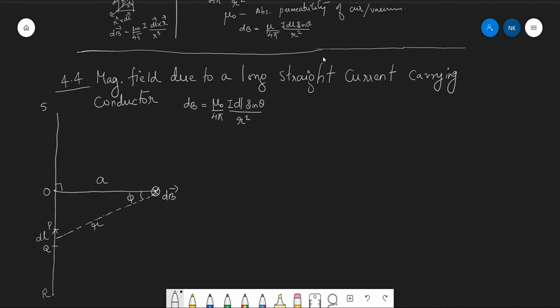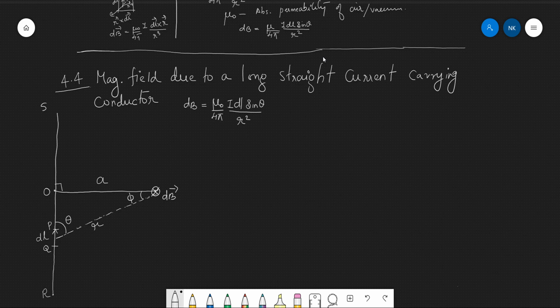As per this equation, theta is missing, so let this angle be theta. So the magnetic field dB is mu naught by 4 pi I dl sine theta by r square.